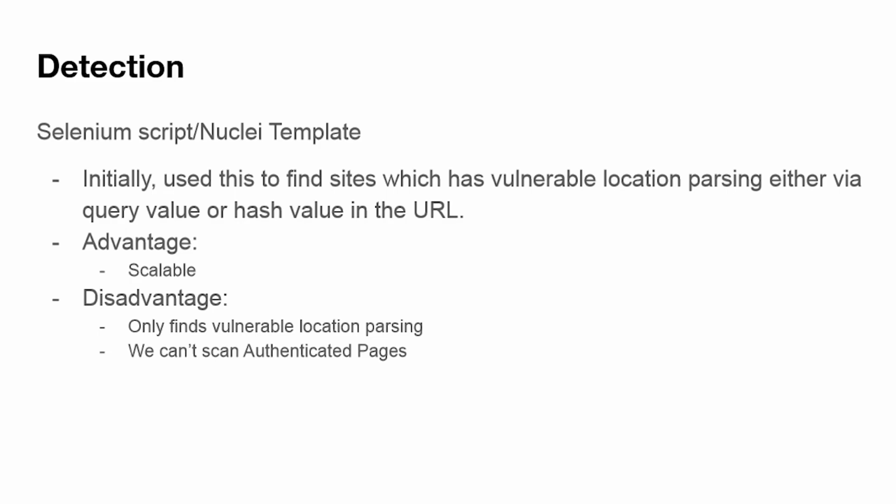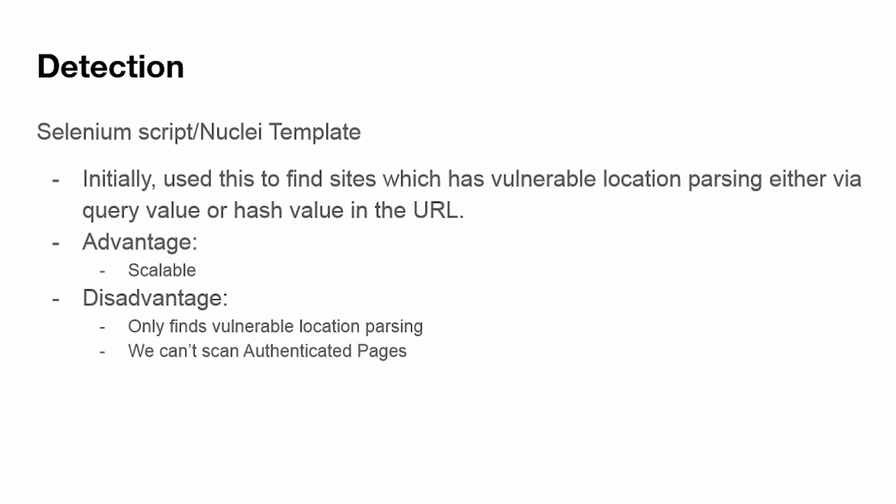Now let's see the detection, like what are the different things we did to detect prototype pollution in bug bounty programs. Initially, we wrote a Python script, which basically takes the URLs and checks if the prototype is polluted.